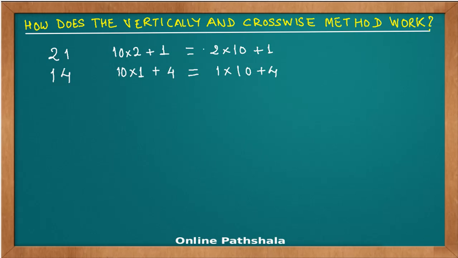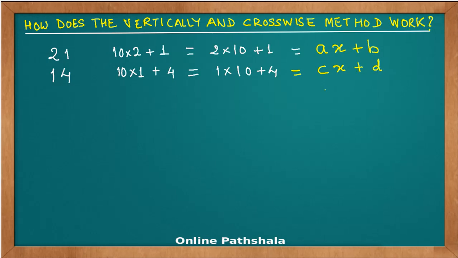Now let us say that this is nothing but an algebraic equation, so let us say that this is a times x plus b. This is one equation, and we also have another equation where we say this is c times x plus d.